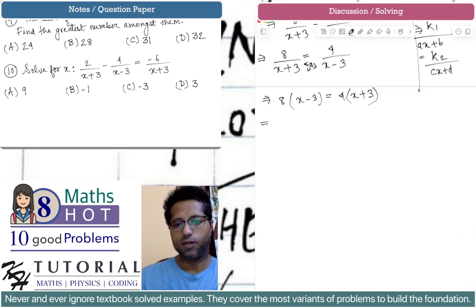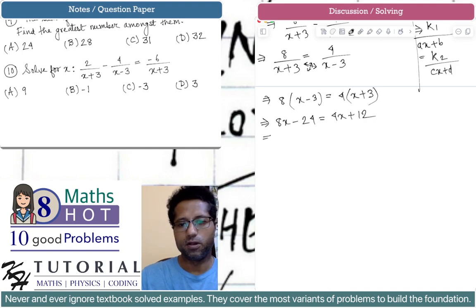Now doing the products on both the LHS and RHS and opening up the brackets, we get 8x minus 24 is equal to 4x plus 12. Now bringing all the x terms to the left hand side and all the constants to the right hand side, we get 8x minus 4x is equal to 12 plus 24.